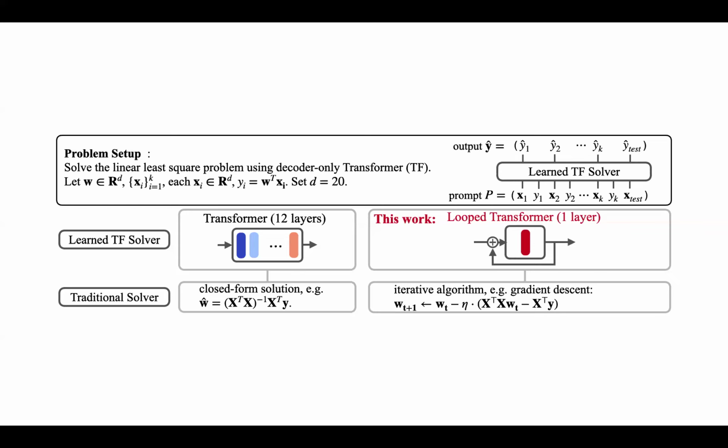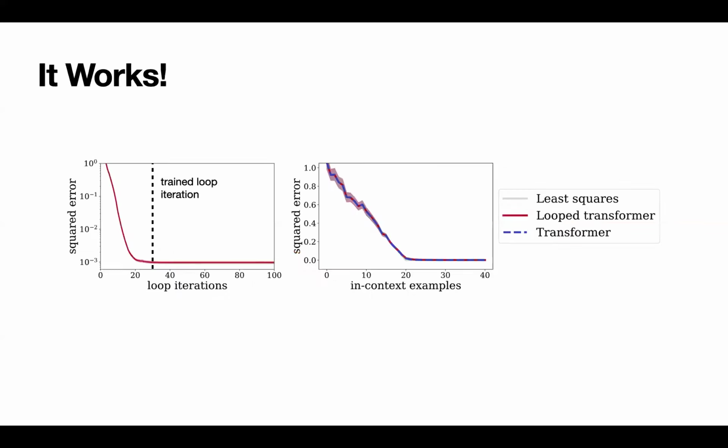Okay, so just to give you a highlight of the result of the looped transformer before going into all the details. On the right-hand side, I have the same figure I just showed you for the standard transformers. We're varying the in-context examples and measuring the MSE loss between the predicted Y's and the true Y's.